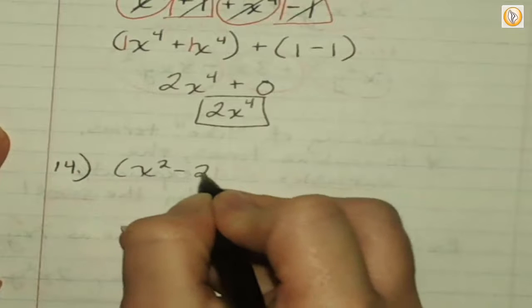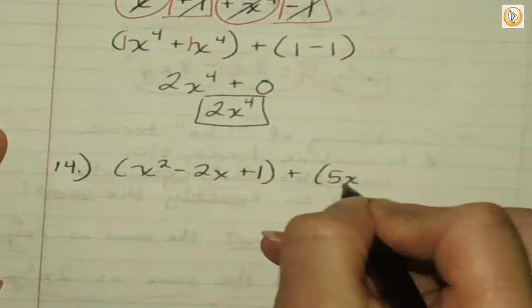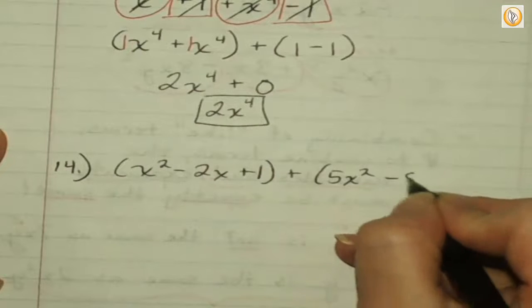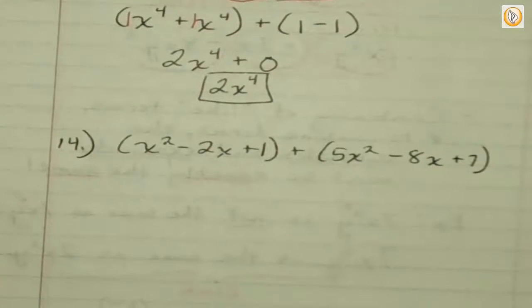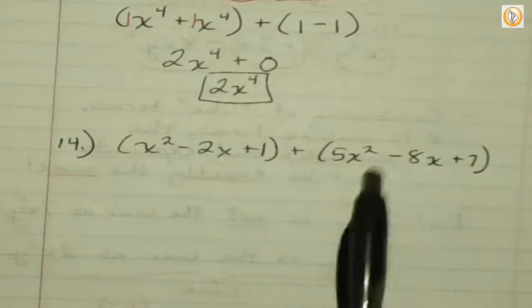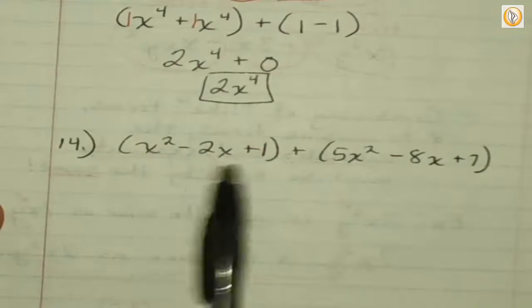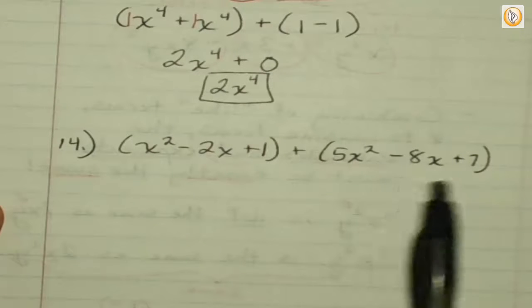X squared minus 2x plus 1 plus 5x squared minus 8x plus 7. Michaela, can anything in the parentheses be combined? Like in here? No. How about in here?